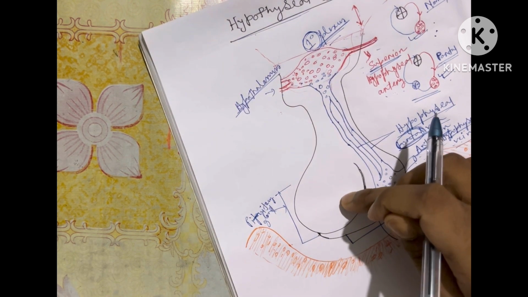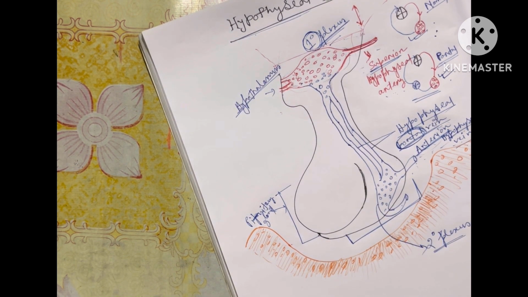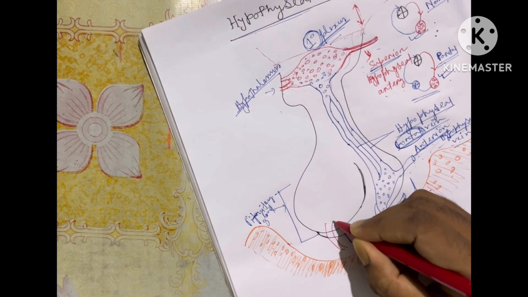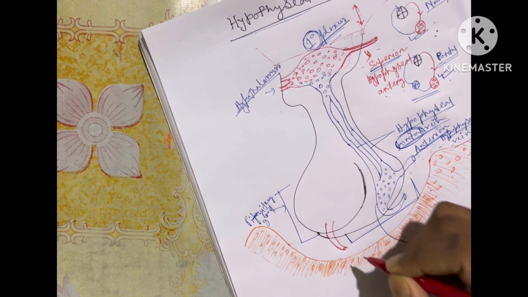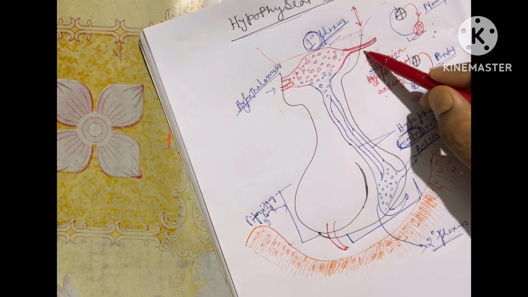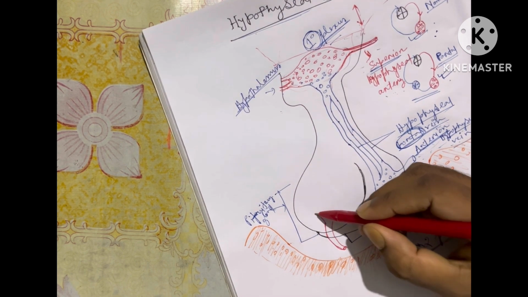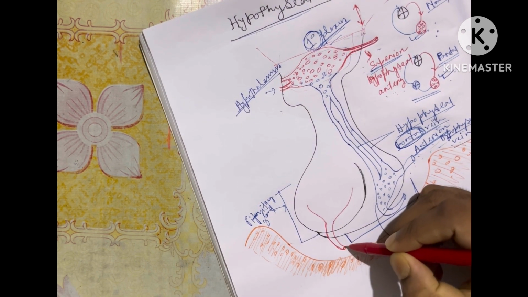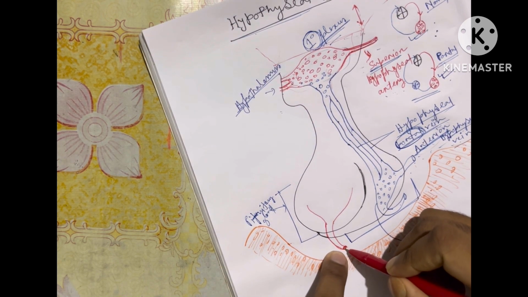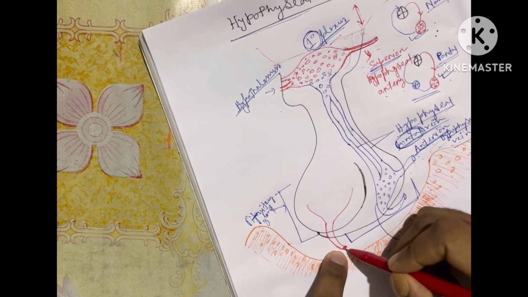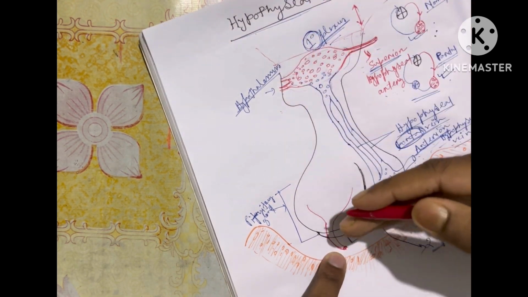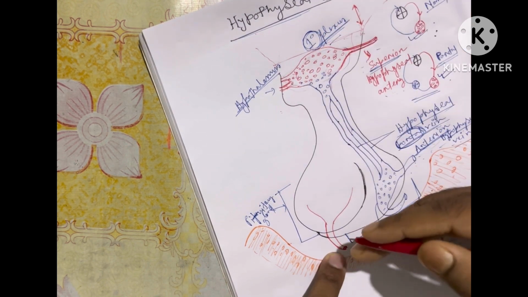In the case of our posterior pituitary, that network is basically formed inferiorly. This is the superior hypophyseal. So what is the name of this artery? The name of this artery is the inferior hypophyseal artery. Why is it inferior? Because it is present below the hypothalamus.